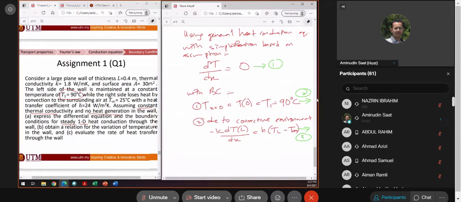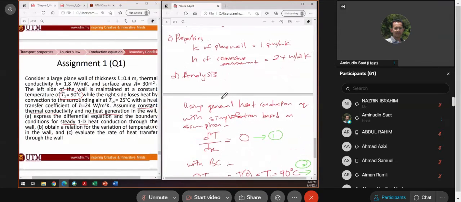So using these three mathematical expressions for this problem, do some integration. Let's try this.